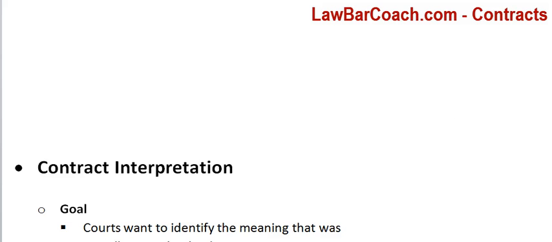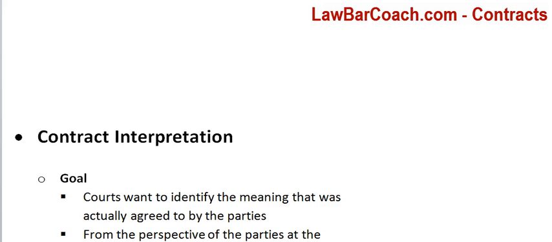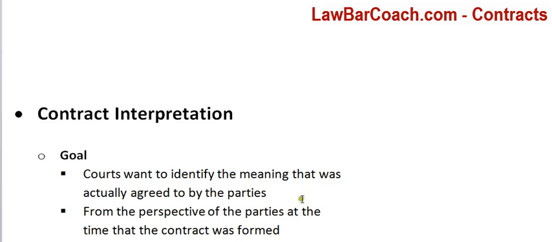The goal of contract interpretation for the courts is to identify the meaning that was actually agreed to by the parties. The courts are not in the business of coming up with new meanings, creating new contracts. They want to simply preserve what was intended at the time. You shouldn't have to be on the hook for something that you did not intend.